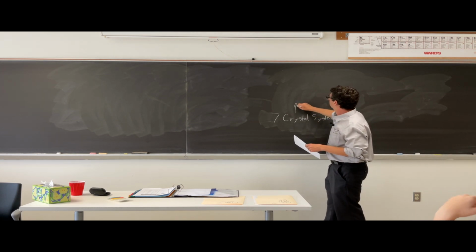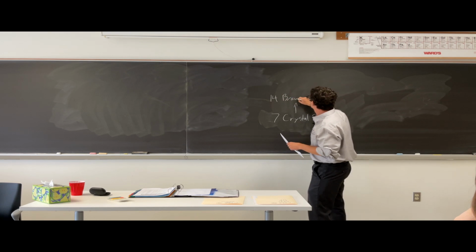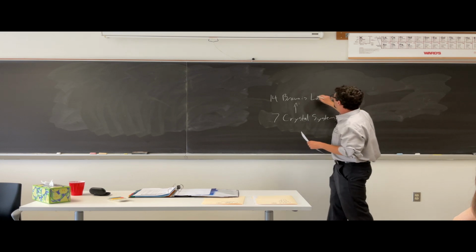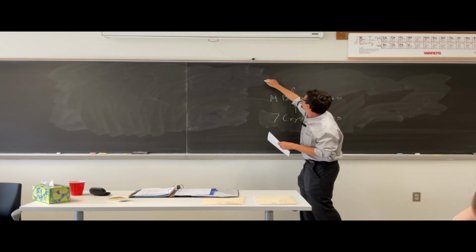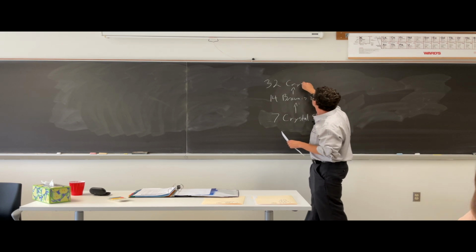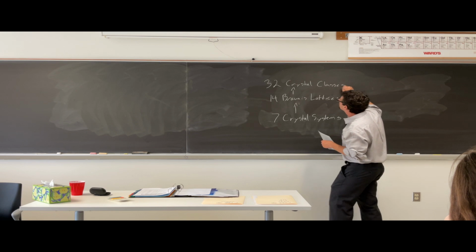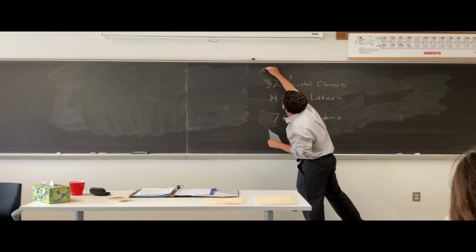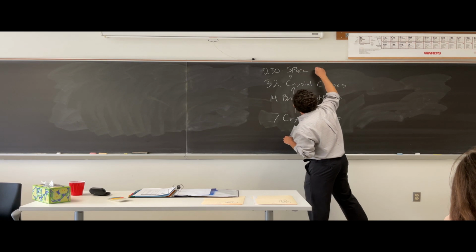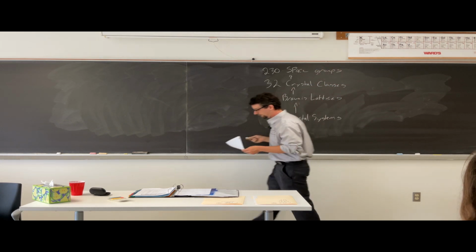And that led to what? 14 Bravais Lattices. Then that led to 32. Which leads us to 230 space groups.